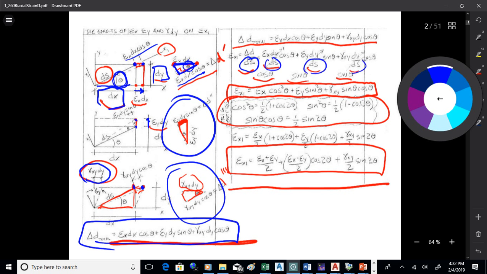And then we realize that dx over ds is cosine theta and dy over ds is sine theta. We change those values, come up with this formula, but that's a little awkward to work with, so we throw in, I think they're called half angle formulas, and we come up with the final result. Okay, there it is.